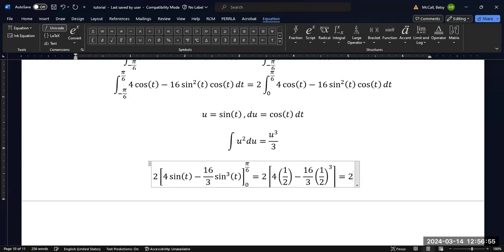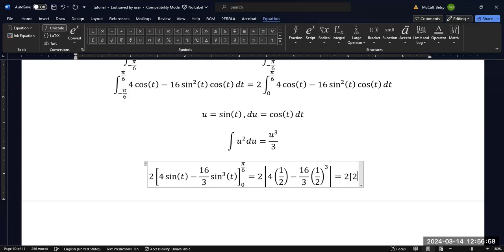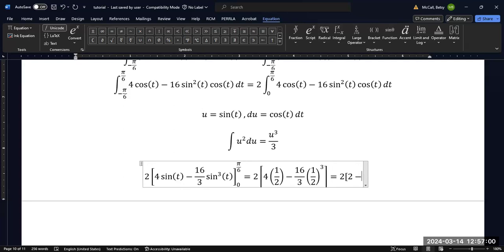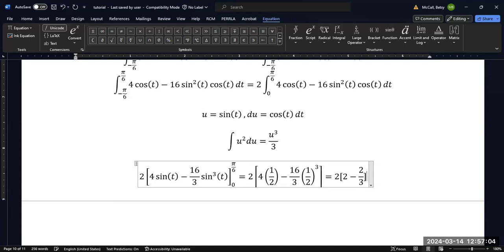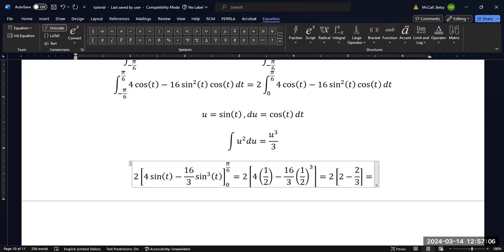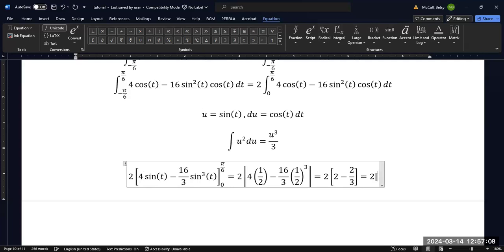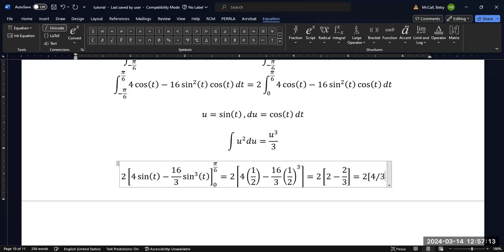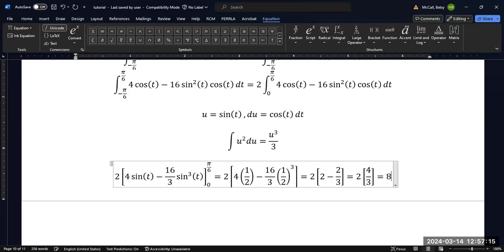And so we're ending up with 2 minus, let's see, 1/2 cubed is going to be 1/8. So that's going to be 2/3. And 2 minus 2/3 is going to be 4/3. And doubling that, that's going to be 8/3. And so that's our area under this parametric curve.